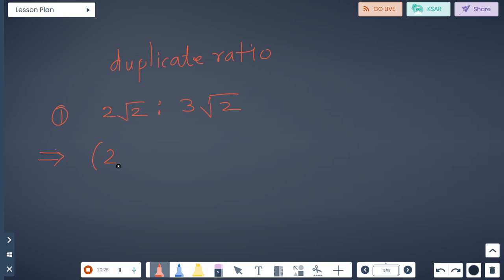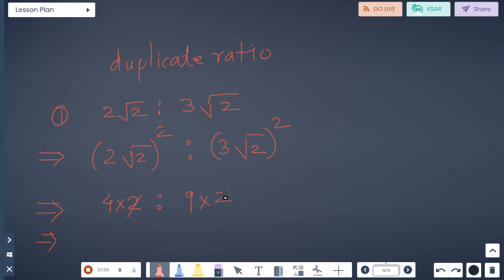That is 2 under root 2 whole bracket square is to 3 under root 2 whole bracket square. 2 square is 4, and under root 2 bracket square is 2. 3 square is 9, and under root 2 bracket square is again 2.